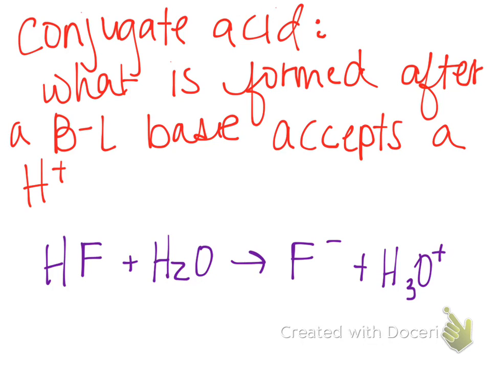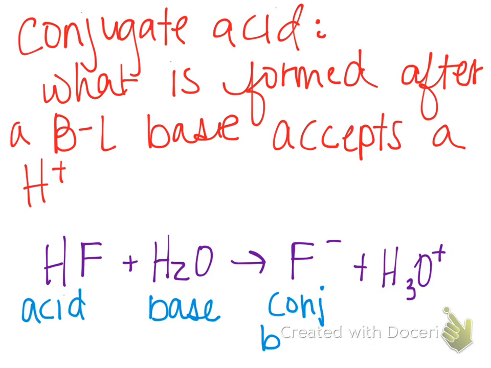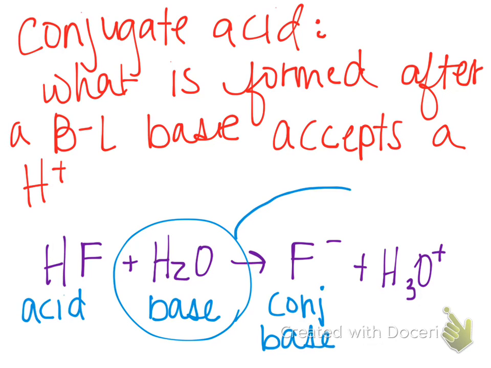So in that same equation, we already labeled the acid and the base. We labeled this the conjugate base. Let's look at our base here. After it accepts a proton, what would it look like? H3O+. So this must be our conjugate acid.